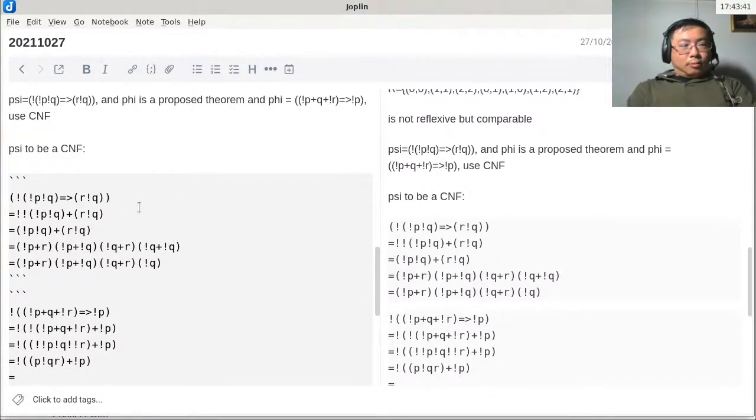When we apply De Morgan's law, we have the negation of P, not Q, R, and we turn this OR into an AND. And then we have not P on this side. There we go.